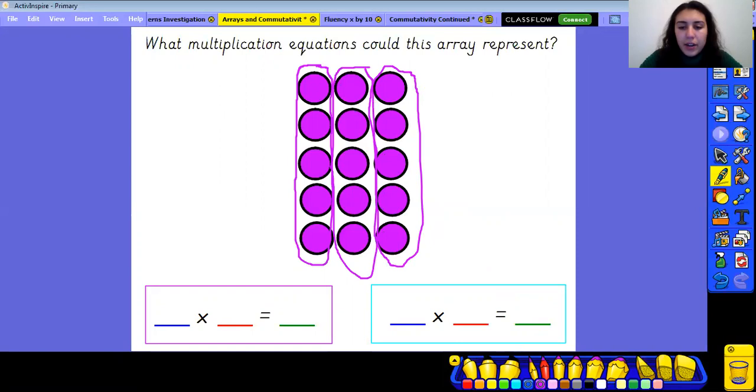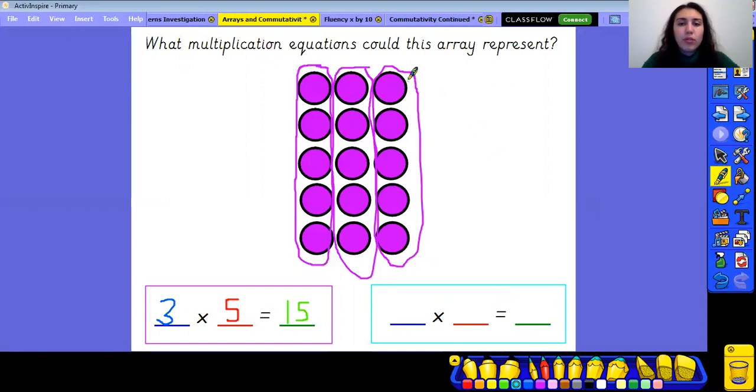So I would fill that in over here. I've got 3 groups of 5. I do know how to count in my 5s, so I show myself 3 groups and I count 5, 10, 15. That means my product here is 15. What would be the other way that I could group this?